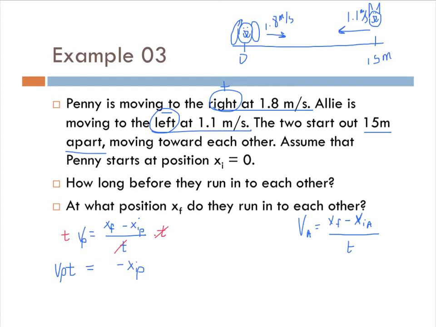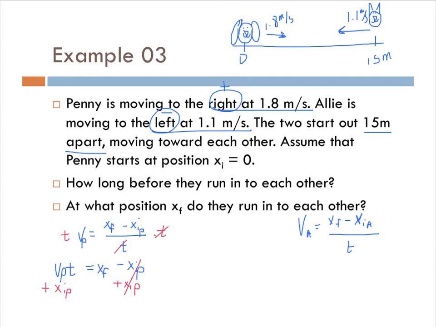Really, this should be just final position. Again, I want to get final position by itself, so I add initial position to both sides. All of these subscripts don't change the value of our variable.